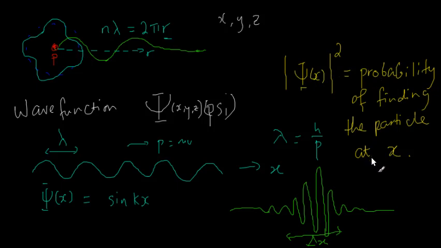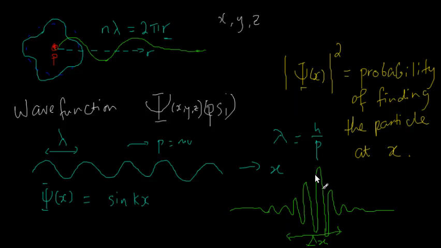Now, let me mention one subtlety about this function. If this is a continuous function like this or like this, the probability of finding the particle at a particular point, to be very precise, is actually 0.